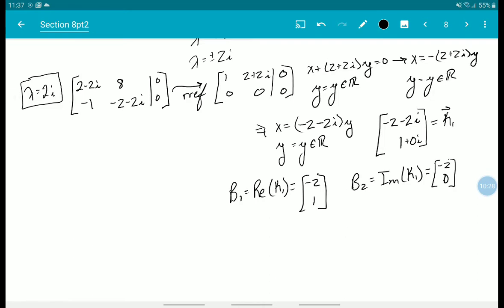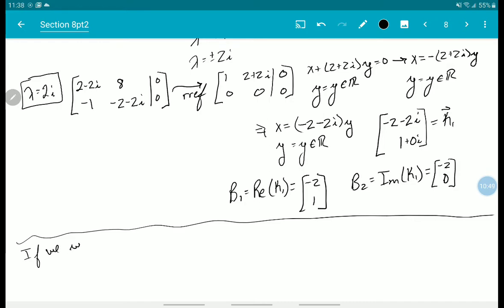Now I want to pause here for a minute, and I want to show you that we would get the complex conjugate of this eigenvector if we were to use the complex conjugate here. So if we used lambda equals negative 2i, I want to show you what would happen.